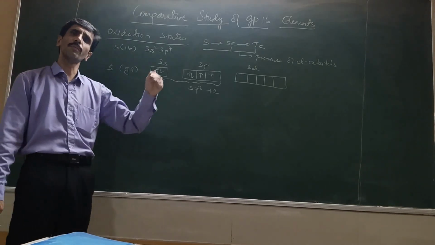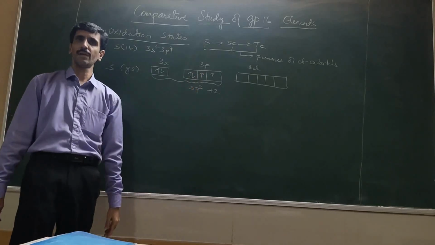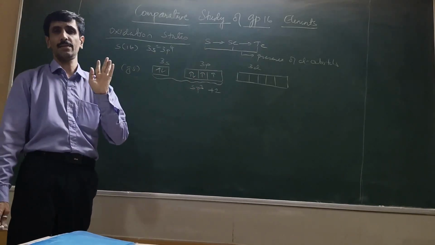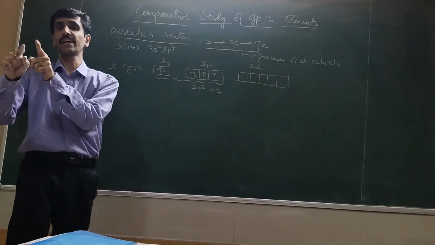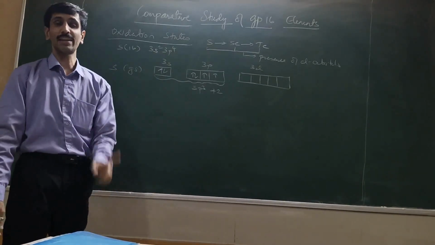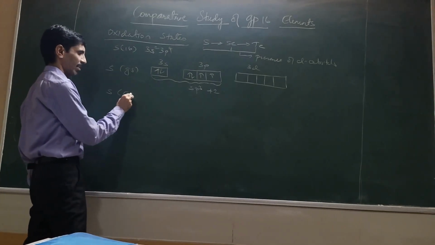If I want to make sure more electrons are involved in bonding, then I need to supply energy so that the paired electrons become single, so that they are available for bonding. That is what an excited state is. So I go for the sulfur excited state.